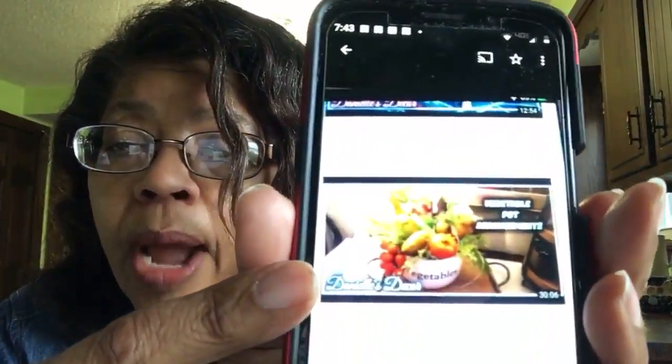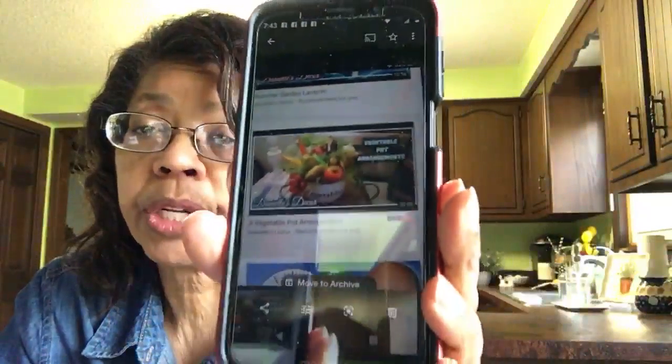And then she's got her logo right there, Danielle's Decor. And then the word vegetable is on the pot. She's got one of those little pots that she bought at Hobby Lobby, because I've got one that says potatoes and one that says onions. I thought she did a pretty good job with it.